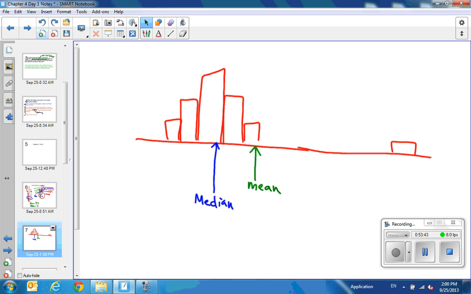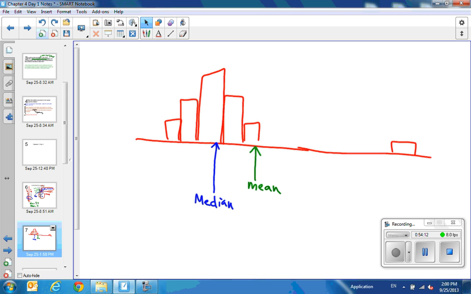In this situation, there's a far outlier, or it's skewed. Would you think the mean or the median would be a better indicator of where the middle is, or of what's most common? The median would be. So if you have far outliers, or it's strongly skewed, then the median is a better indicator of the center than the mean.